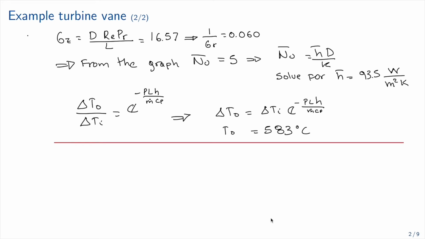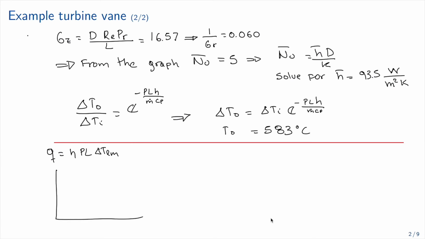The next question is to compute the heat removed from the vane. That can be accomplished using the equation for the heat of convection, which is equal to h multiplied by the area, which in this case is P multiplied by L and multiplied by delta T log mean. So we need to compute first the delta T log mean. So let's initially plot the temperature.